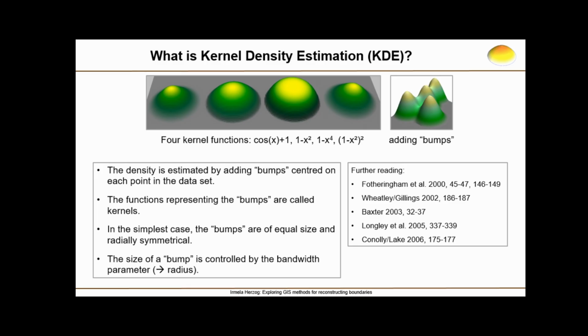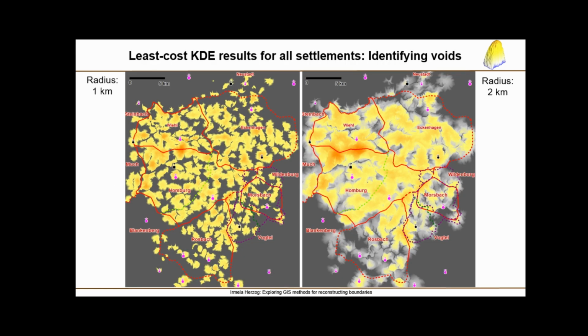And this is just a small overview of least cost kernel density estimation, which has been in archaeology for a long time. And when you apply least cost density estimation, you can easily recognize empty areas if you apply this for the settlements.